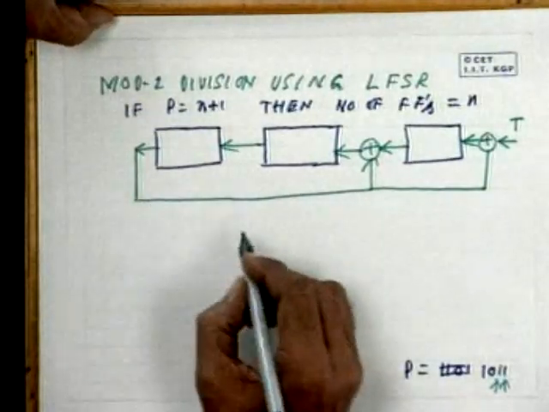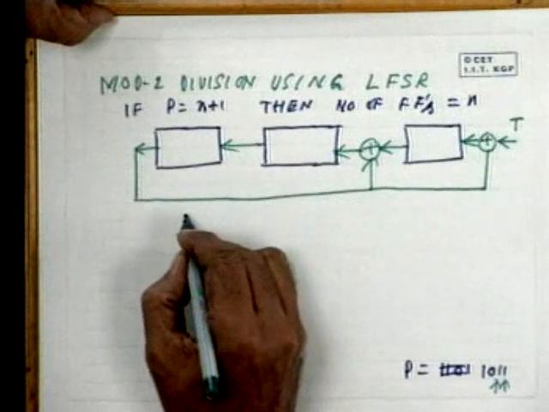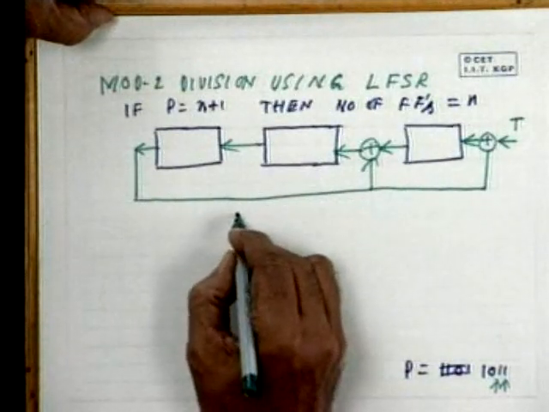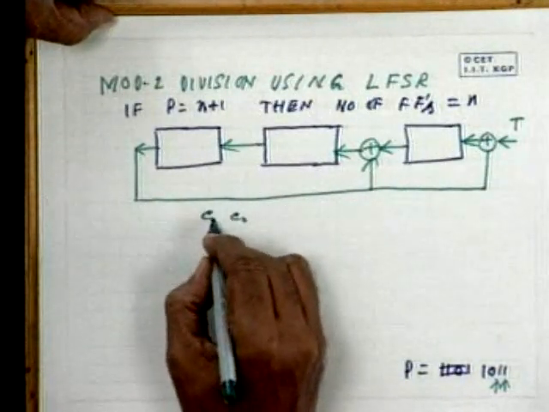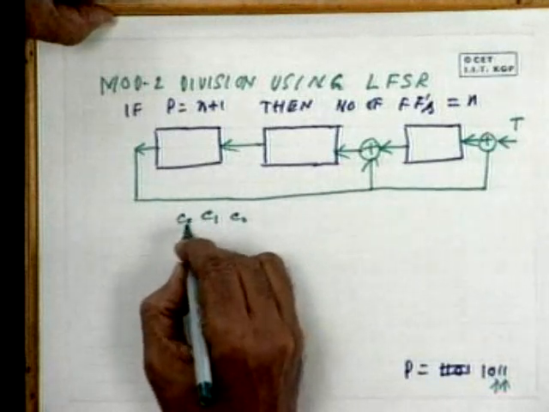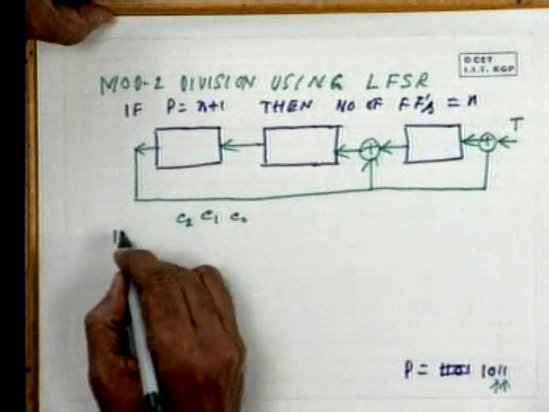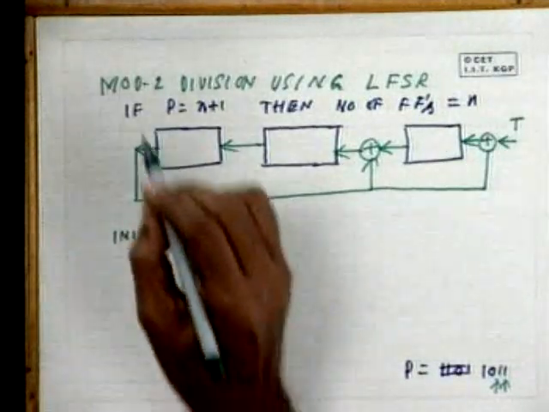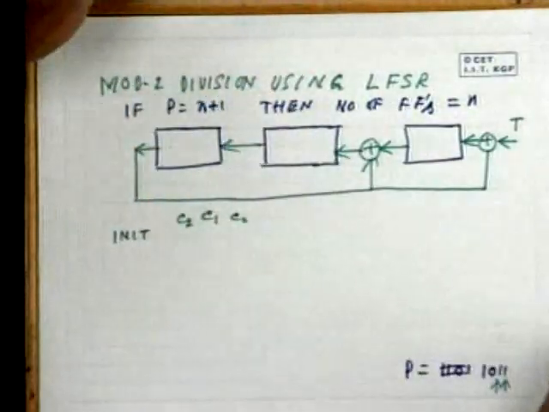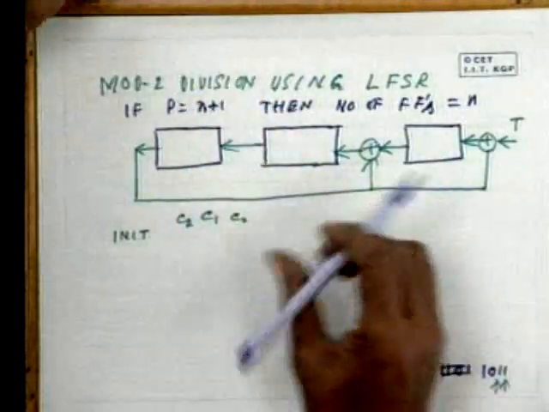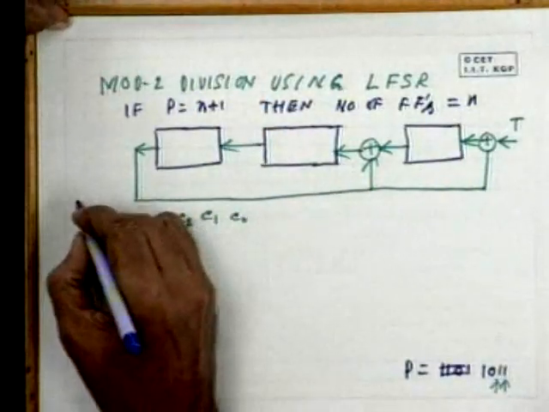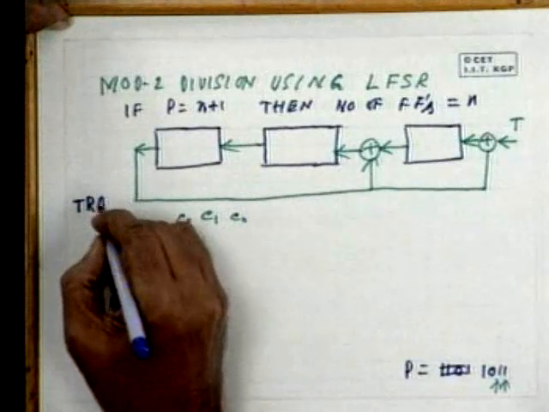For example, in this particular case, you have got your, say, C0, C1 and C2. Let's start with the transmitting end. For the transmitter, how it is being done.